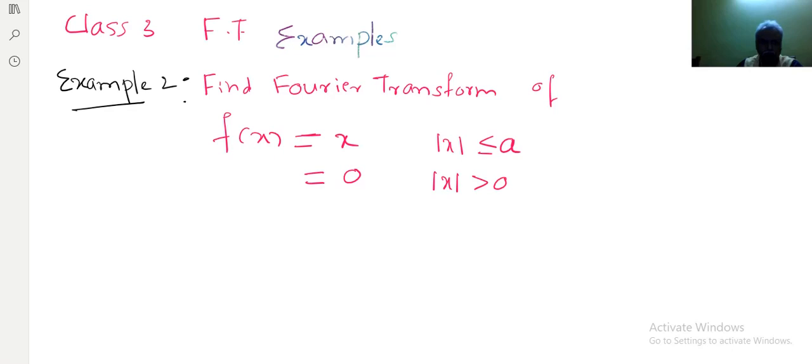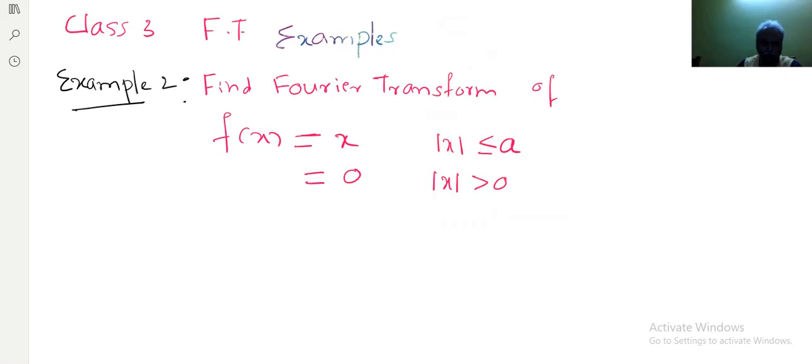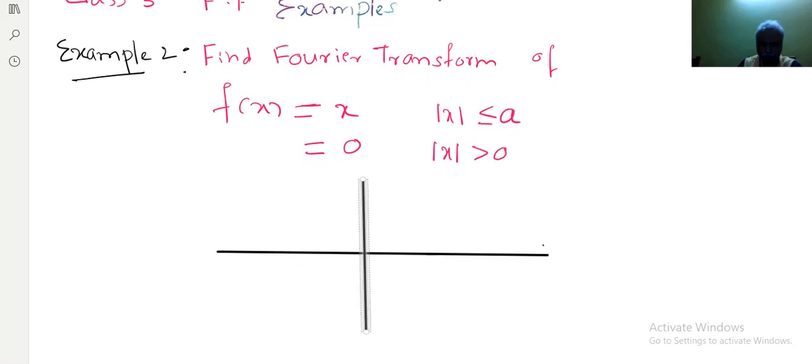So let us draw this small function. Let me take the x-axis and the y-axis. Mod x less than or equal to a is equivalent to minus a less than or equal to x less than or equal to a, meaning between minus a to plus a.